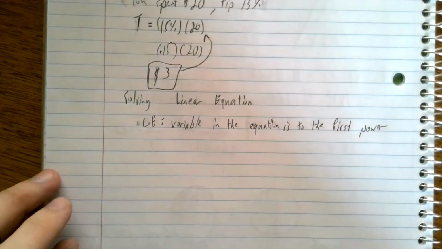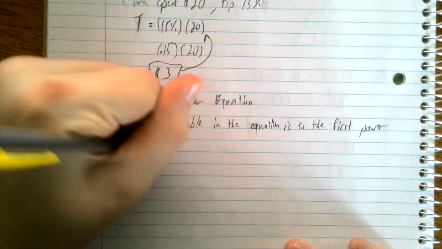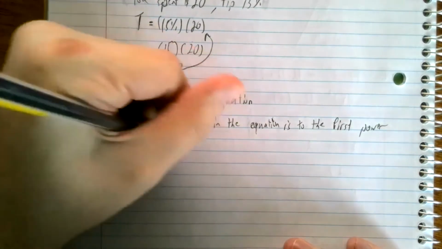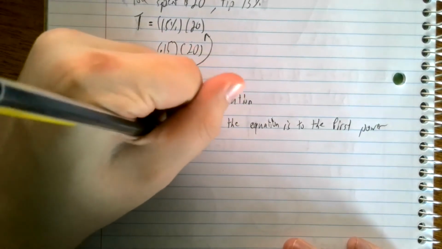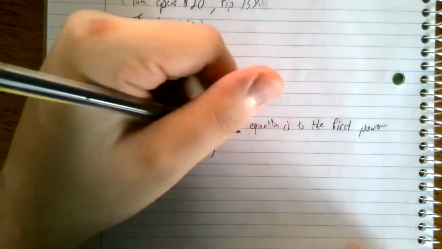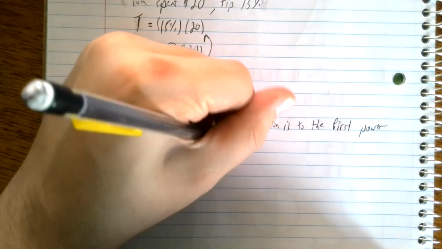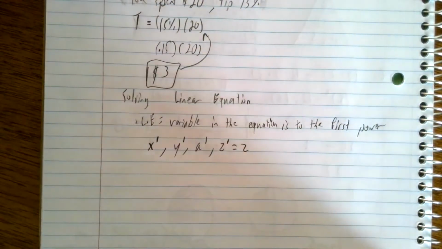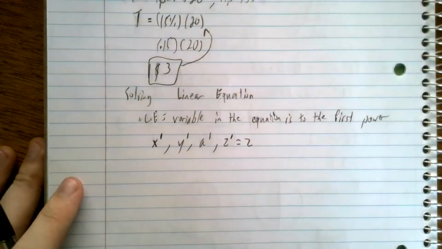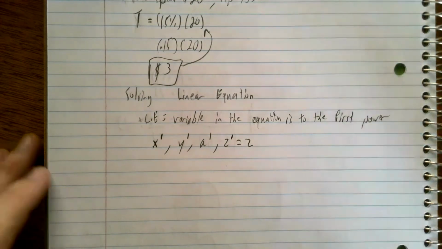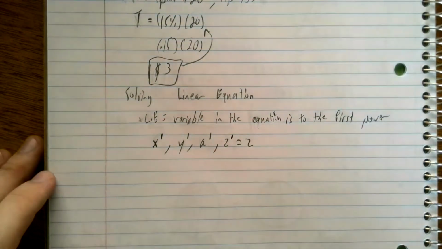So basically that means we have maybe just an x, which is to the first power. It's just implied. Or we could have y to the first power, or a, or z to the first power, which is just the same thing as just z. So those are our linear equations. If you graph them, they'll make a line.